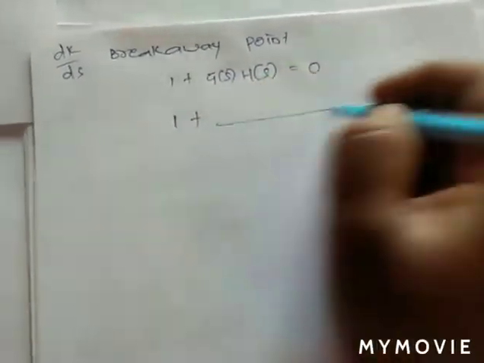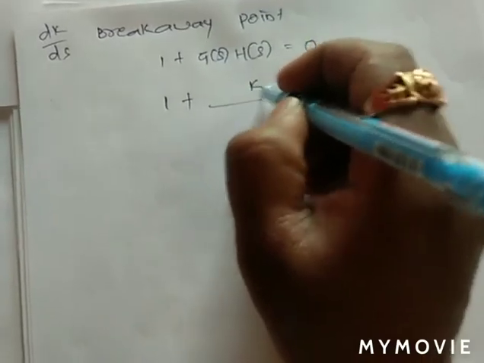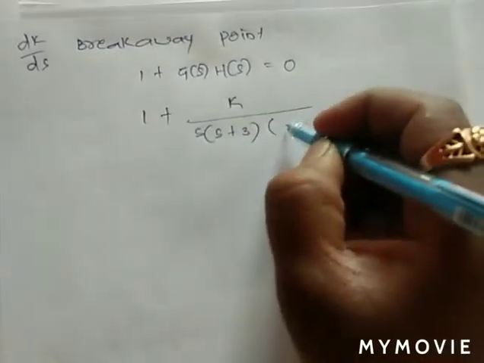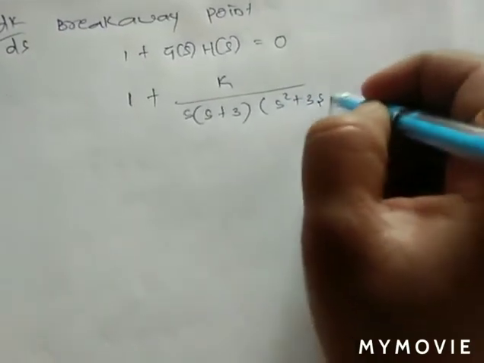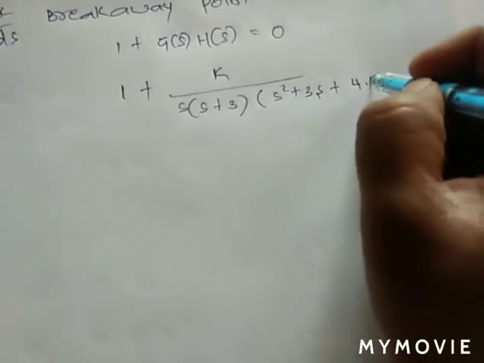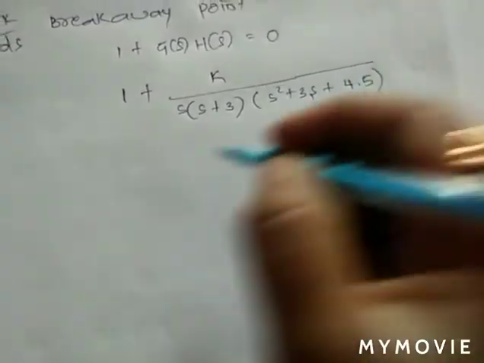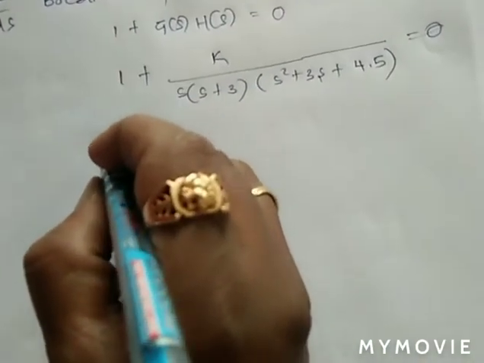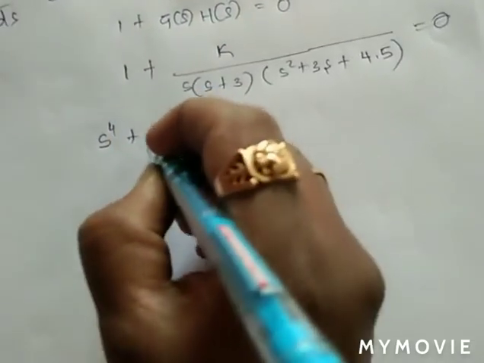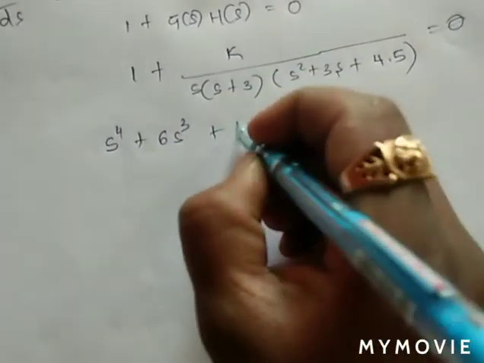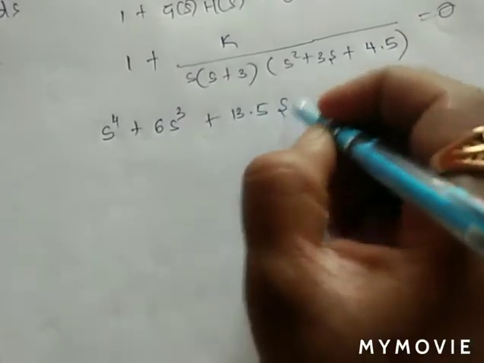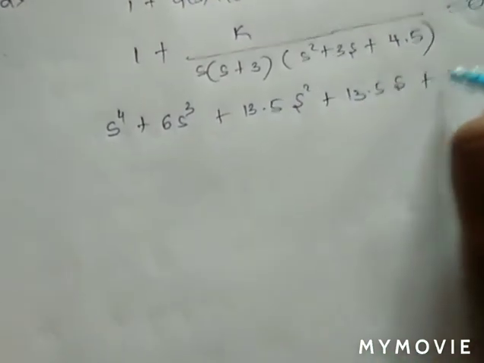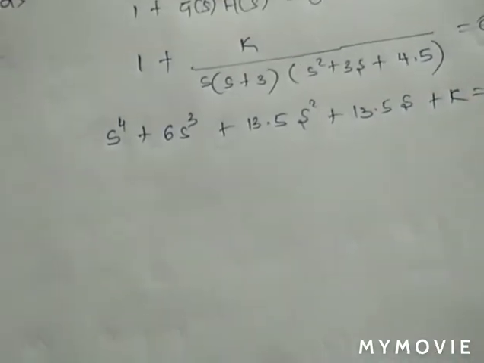Right, 1 plus g of s into h of s is already given, k divided by s of s plus 3, s square plus 3s plus 4.5. Right, so if you solve that, then you will get s raised to 4 plus 6s cube plus 13.5 s square plus 13.5 s plus k equals to 0.